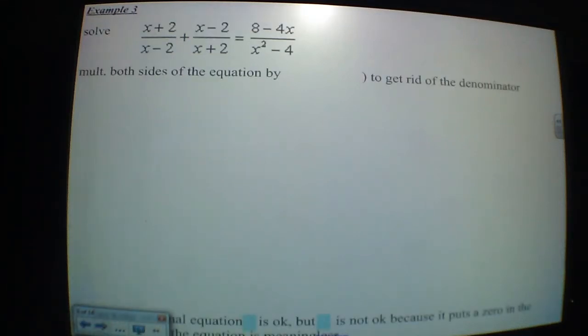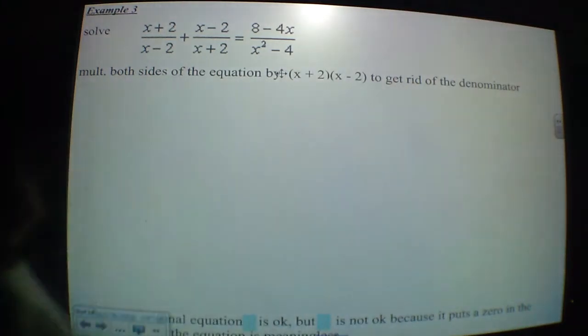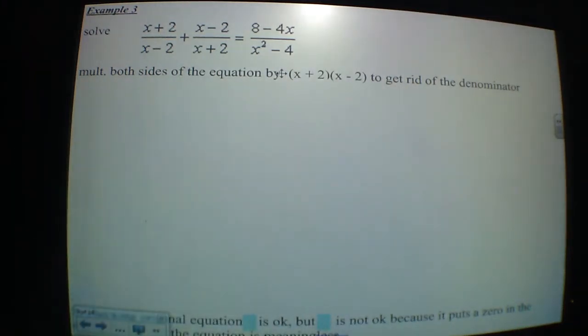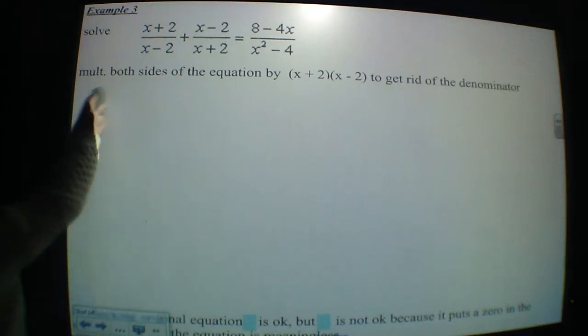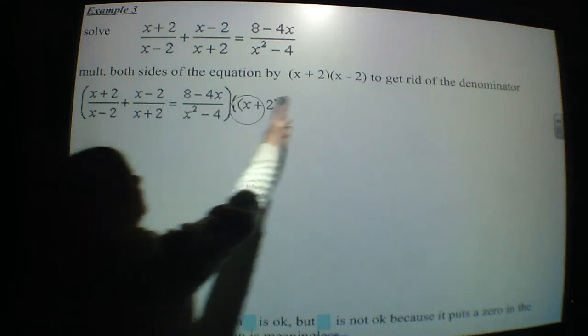Solve. I want to get rid of the denominator, so I am going to multiply each side of the equation by x squared minus 4, or x plus 2 times x minus 2. That's the same thing. So I'm multiplying both sides by that. So I have my equation.